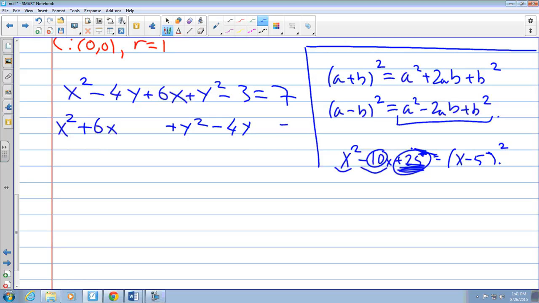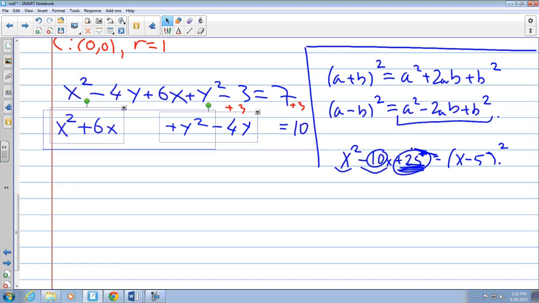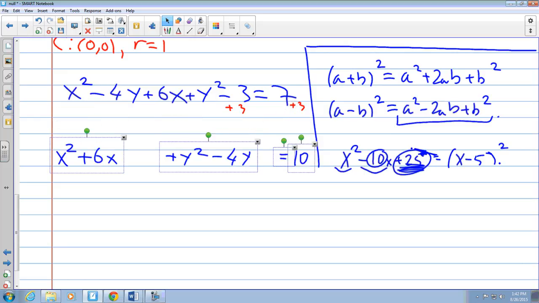I'm going to put an equal sign, and I am going to get rid of that 3 because it's annoying. So I'm going to add 3 to both sides. So it equals 10.